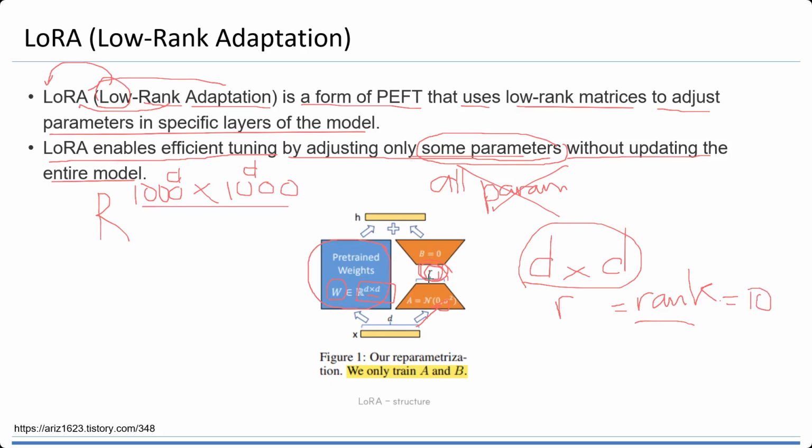Then I'm going to do matrix multiplication: a matrix of 1000 multiplied by 10, and then another 10 multiplied by 1000, in order to get the next hidden, or the next layer for the modeling.